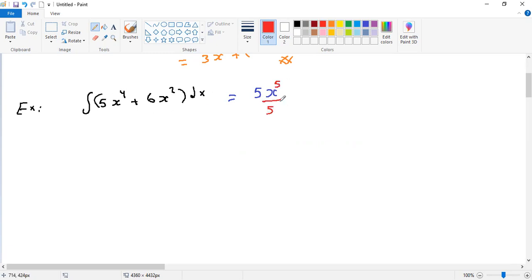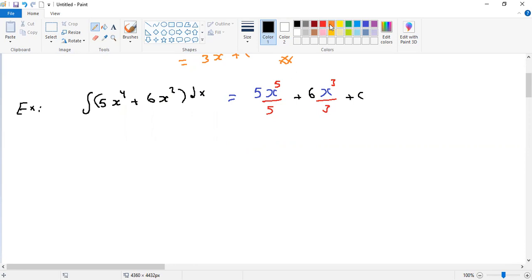So 4 plus 1 is 5, over 5, plus 6x squared: we have n equal to 2, so n plus 1 is 3, over 3, plus constant.